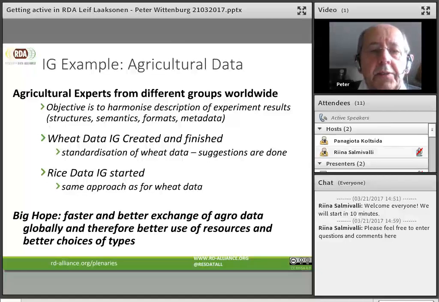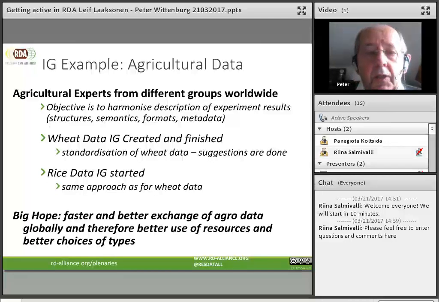So the wheat data should be a WG and not an IG. So the same is true for rice. It's a working group. So they start concrete working groups after some discussion, focusing on a certain topic. They come out with standardization suggestions how to deal with wheat data. So the same now is done by them for rice data.